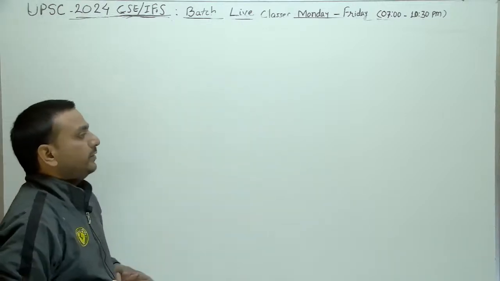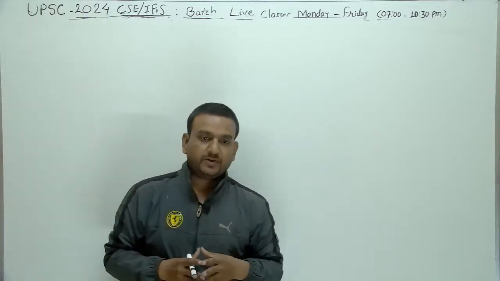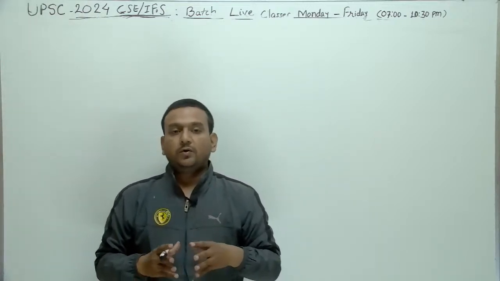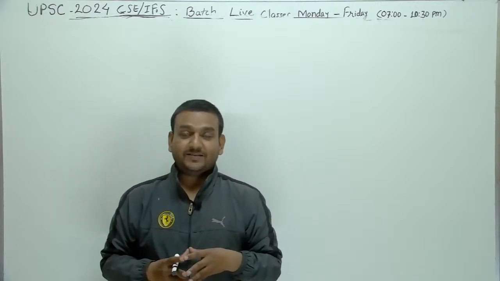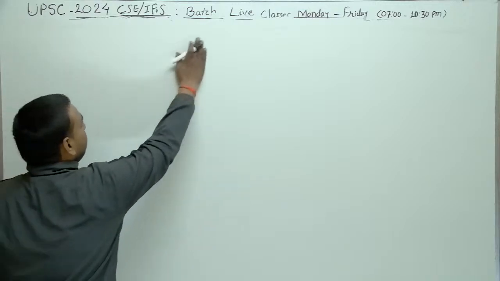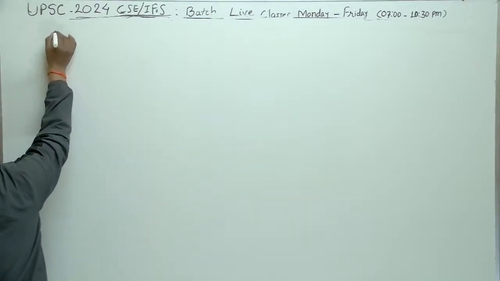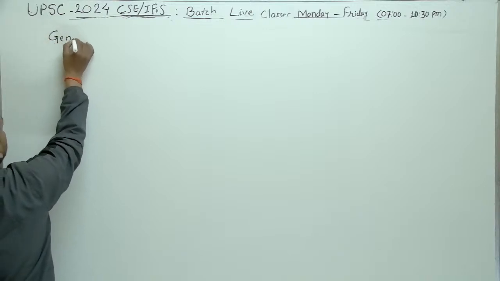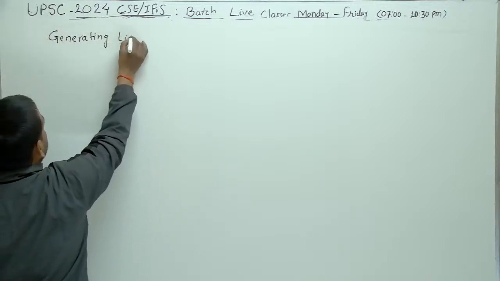So as we have done almost the conceptual clarities for the analytical geometry part, now it's time to summarize the things. Okay, dears. So nothing new as such we have to deal with now. Just the application part. So today's chapter is generating lines.